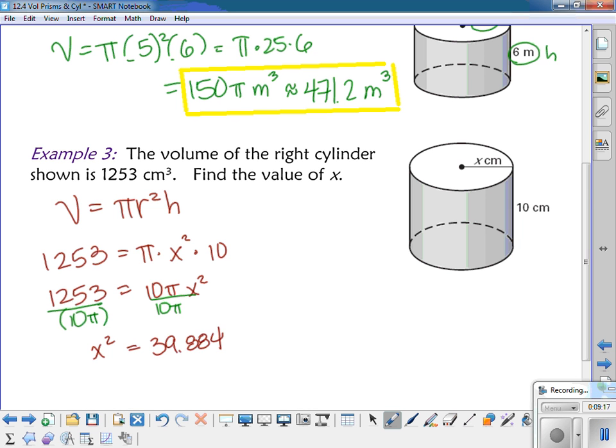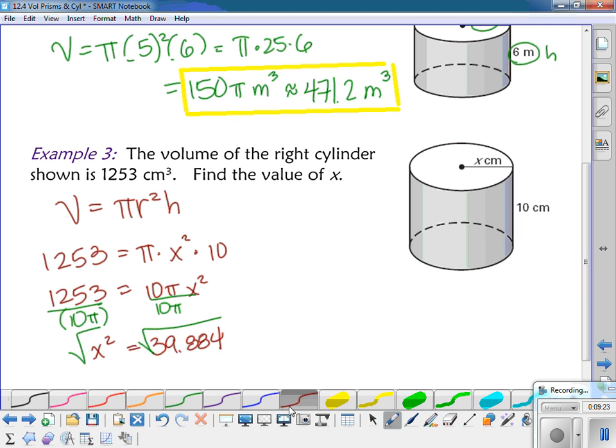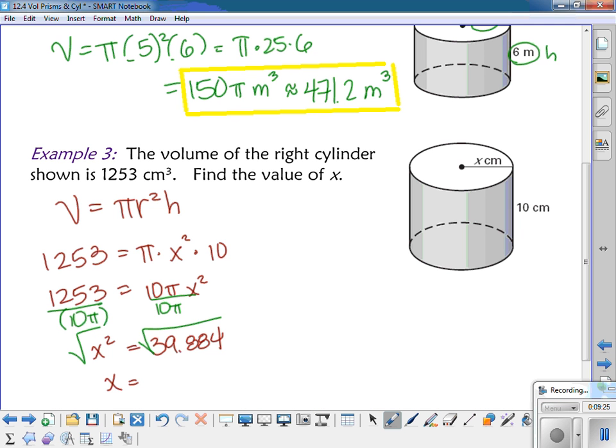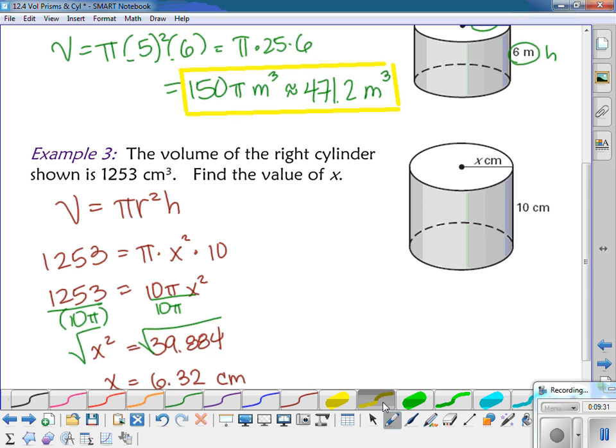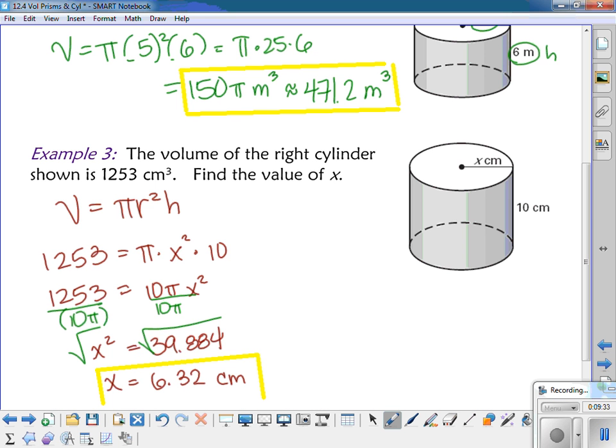So I take the square root of both sides, and I get that x is 6.32 centimeters. So when you are given the volume and you're missing a dimension, you just work backwards using algebra.